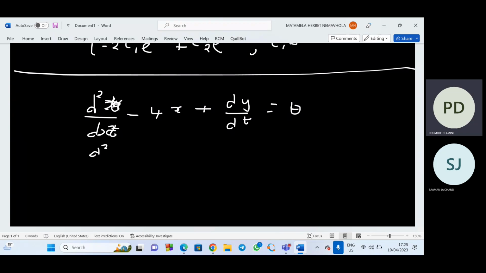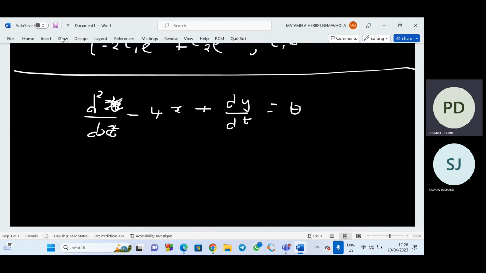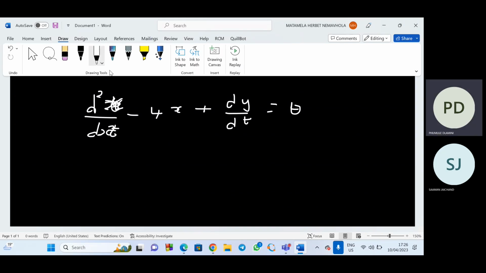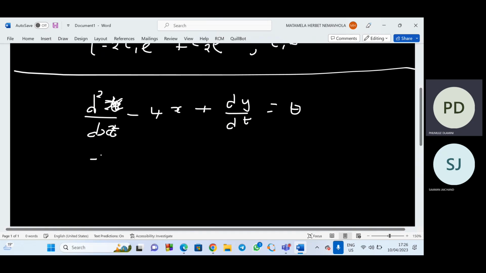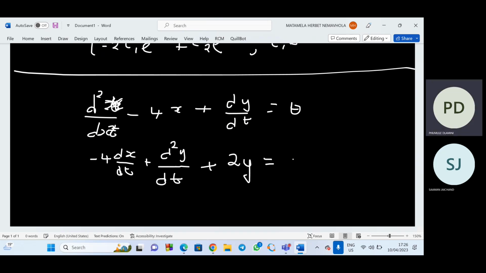This is y here, just that I forgot to change it, but we just remember the x squared over... so this one here is going to be, let's say, negative 4 dx over dt plus d squared y over dt squared plus 2y equals 0.